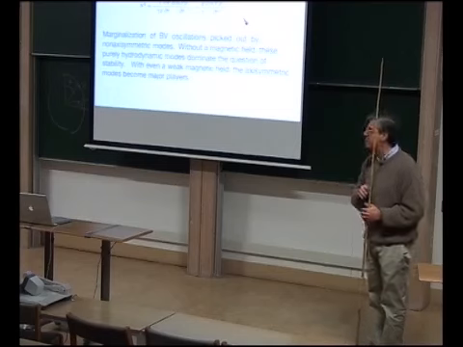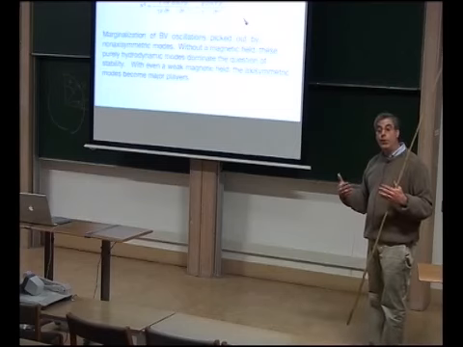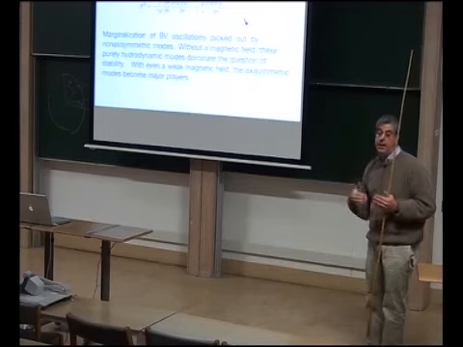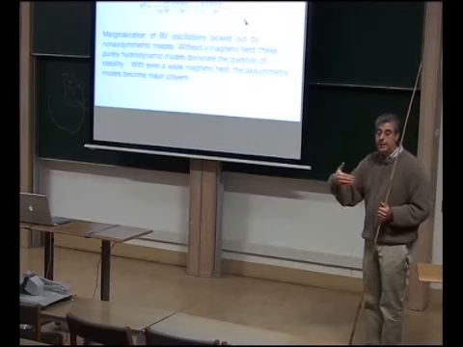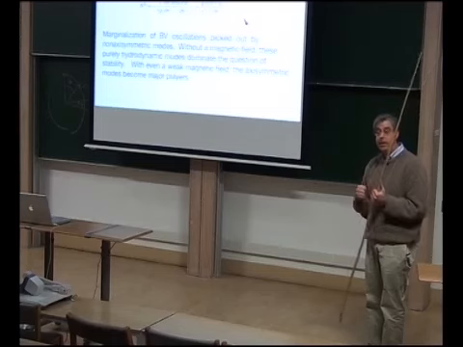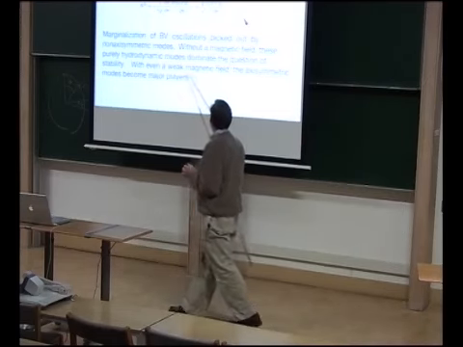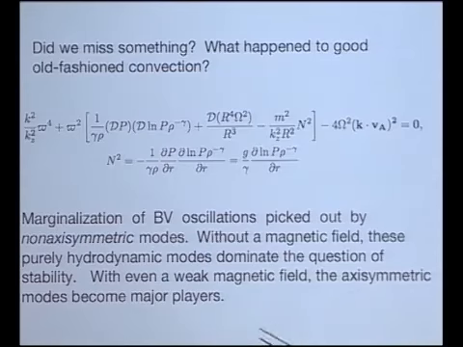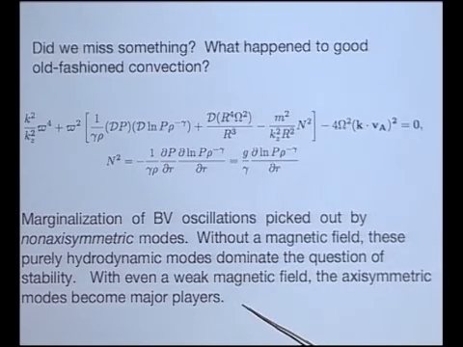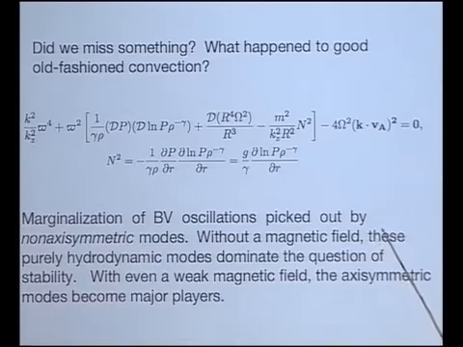In one case by making N squared very, very much smaller than its nominal value. Its nominal value would be the free fall time, so it's much, much smaller than that. And the axisymmetric modes are marginalized by making omega and S very nearly counter-aligned.